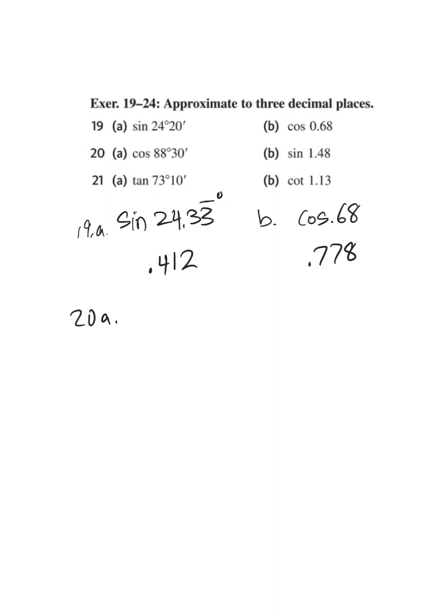88 degrees and 30 minutes. Again, take 30 divided by 60 is 0.5. So the cosine of 88.5. Just to really show you how to approximate this without a calculator, the cosine at 90 degrees is going to be 0. The x value at 90 is 0. So when we're at 88.5, the cosine, the x value, is going to be like 0.05 or 0.1 at the most.